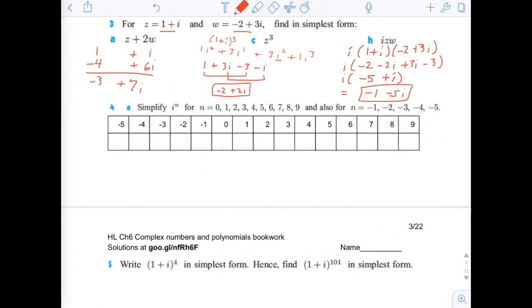Number 4a, simplify i to the n for n equals 0, 1, 2, 3, 5, 6, 7, 9, and also for these negative values. So i to the 0, of course, is 1. I to the 1, of course, is i. I squared, by definition, is negative 1. I cubed would be negative 1 times i, which would be negative i.